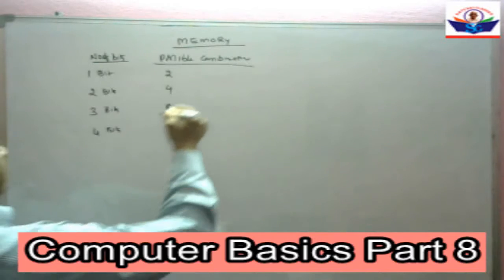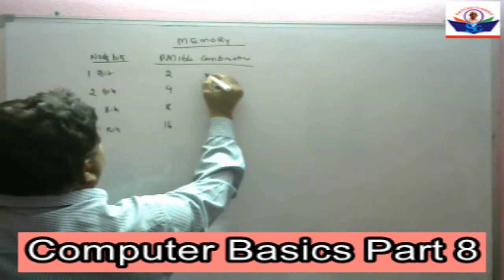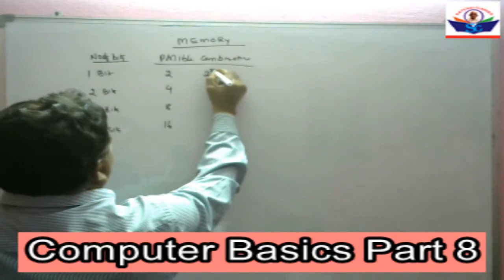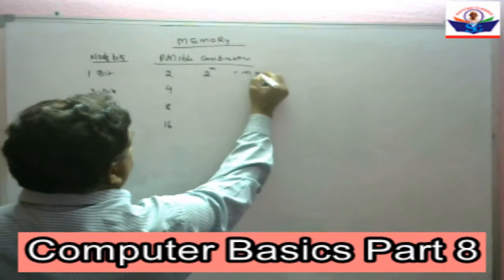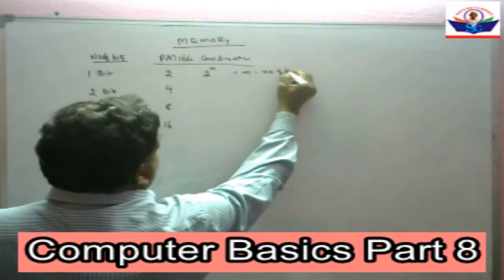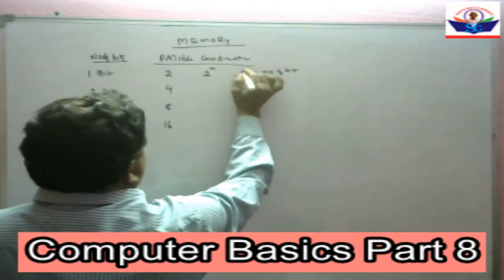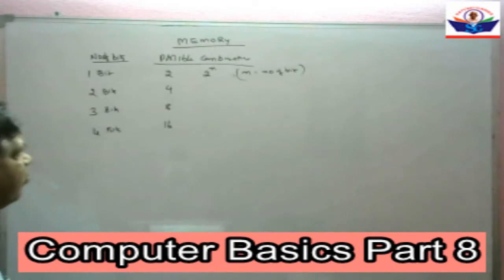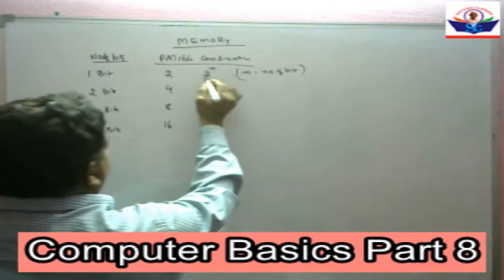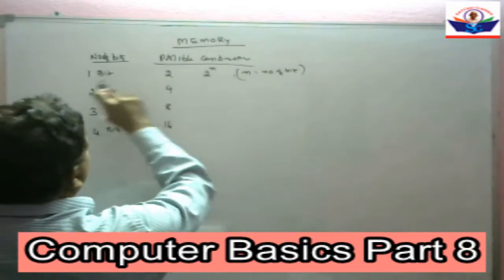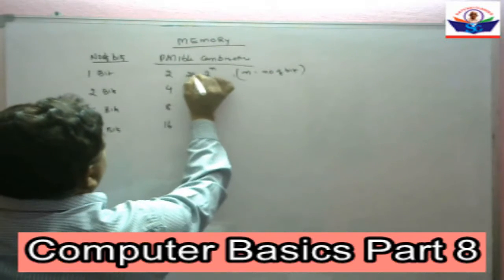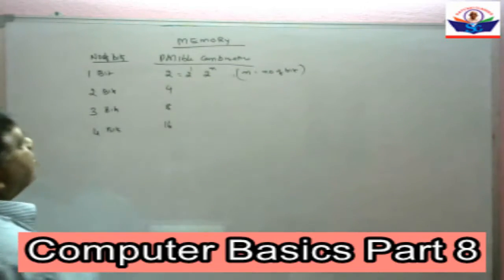How is it coming? 2 power n, where n is the number of bits. With 1 bit it is equal to 2 power 1.